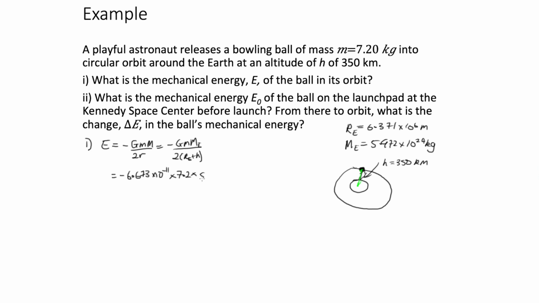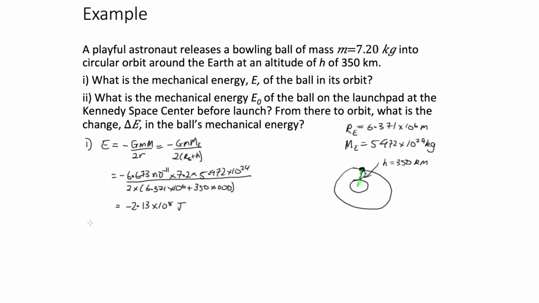So we've got 5.972 times 10 to the 24 divided by 2 times now the radius of the Earth, which is 6.371 times 10 to the 6, plus the height, which is 350 times 1,000 meters. So solving this on the calculator, we get minus 2.13 times 10 to the 8 joules.